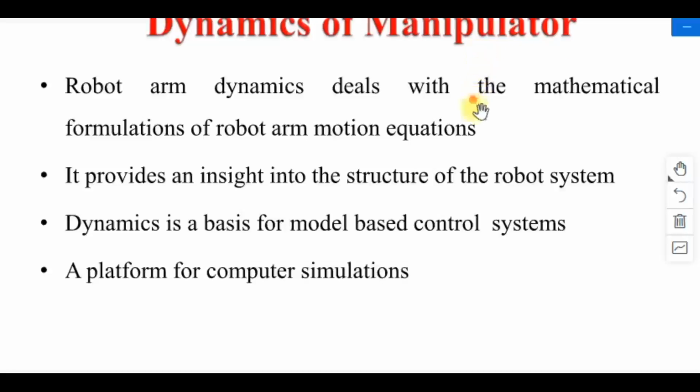So construction of the manipulator and the robot arm is same. Only difference between the manipulator and robot arm is intelligence. So an intelligent manipulator is also a robot. So dynamics is a basis for model based control systems, a platform for computer simulation.